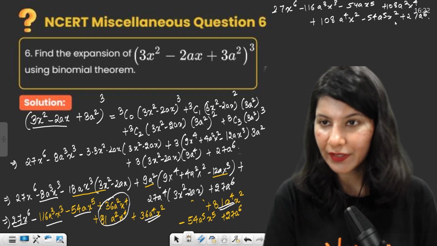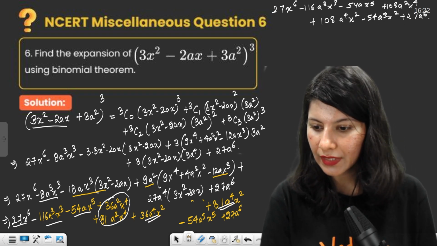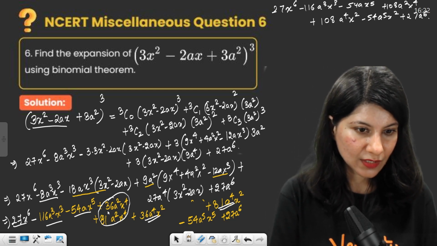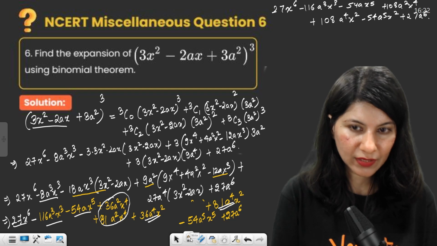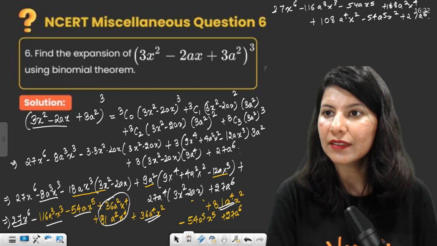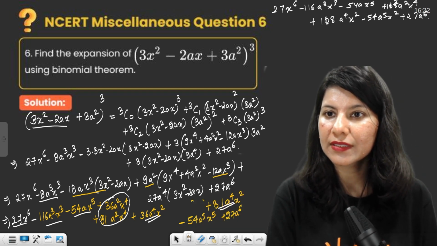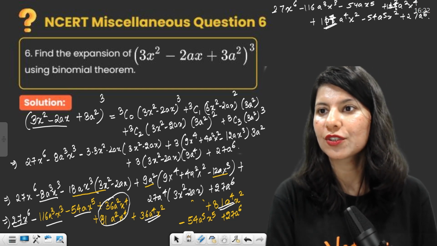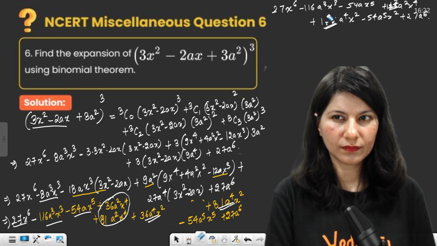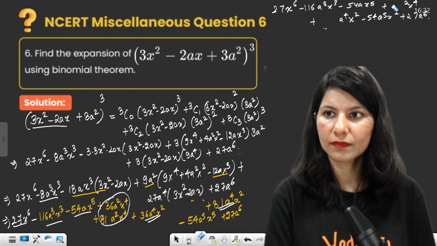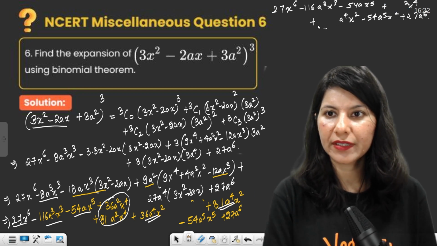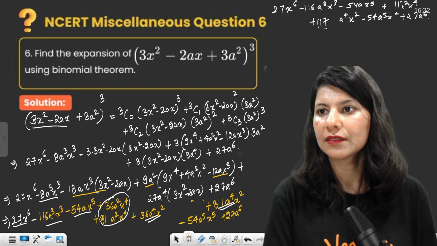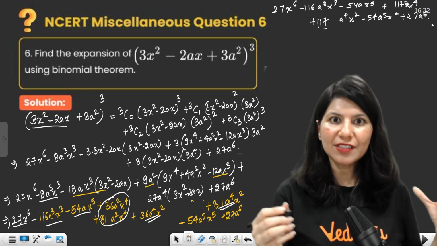Okay, all right. Sorry, this is actually not 108, but it is 117. Yeah, this is also 117. Now these two corrections: so 117 and 117 a square x power 4. So this is the final thing.